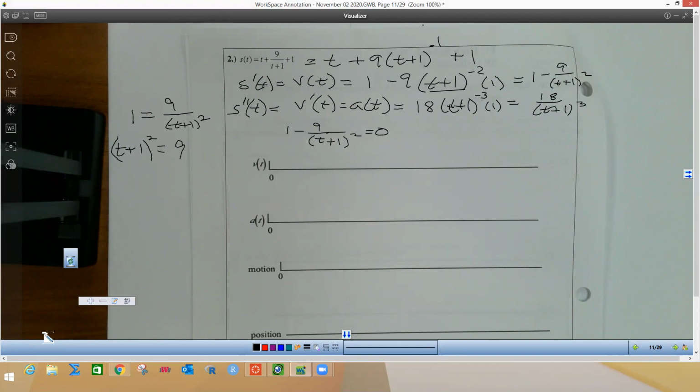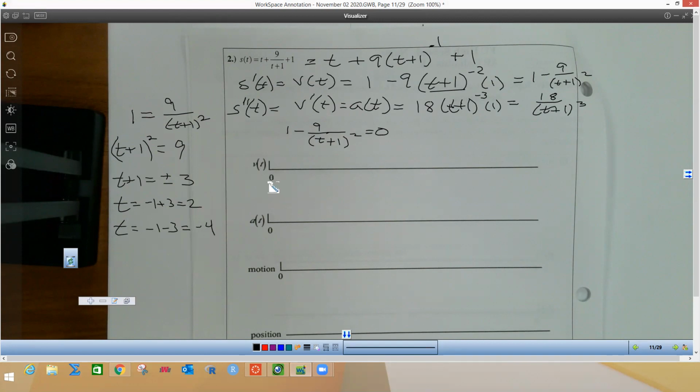Multiply each side by that. Then I would square root each side, so t plus 1 is going to equal a positive or negative 3. And then I would subtract 1, so t is going to equal negative 1 plus 3, which is 2. And t is going to equal negative 1 minus 3, which is negative 4.